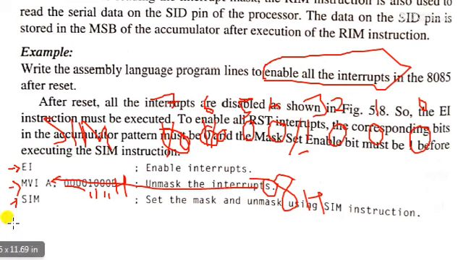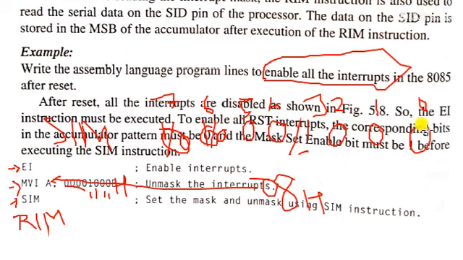If we use the RIM instruction after that, the RIM gets the data, sorry, not from the accumulator, from the current interrupt status.